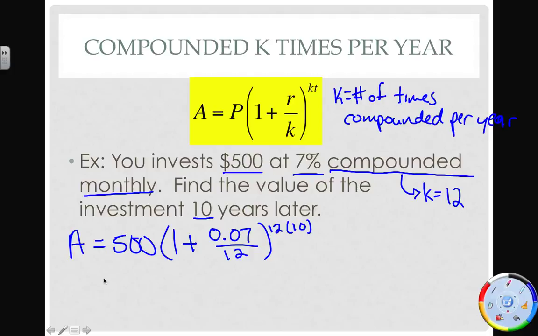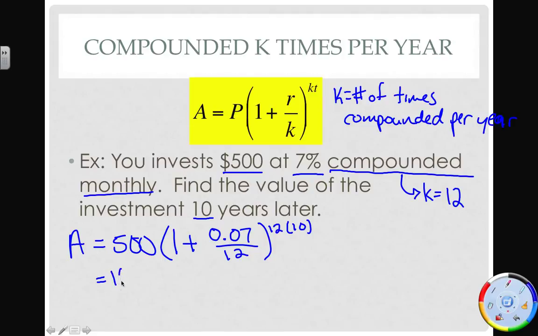All right, and again, this just becomes some calculator work here. If you give me a second, I'll plug this in. Hopefully you're plugging this in at the same time. So 500 times 1 plus 0.07 divided by 12 to the power of 120. You can do 12 times 10 if you want, but I hope you know what 12 times 10 is. And I get, oh, look at that.